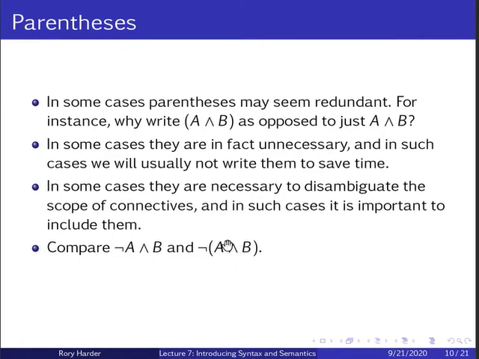So it's important that we use the parentheses to indicate whether we are conjoining not A and B together, when we're saying that it's true that not A as well as B, or when we're negating the conjunction of A and B, when we're saying that it's not true that both A and B. So because there are cases like this, where parentheses are necessary, it's important that you use parentheses to disambiguate which you mean.